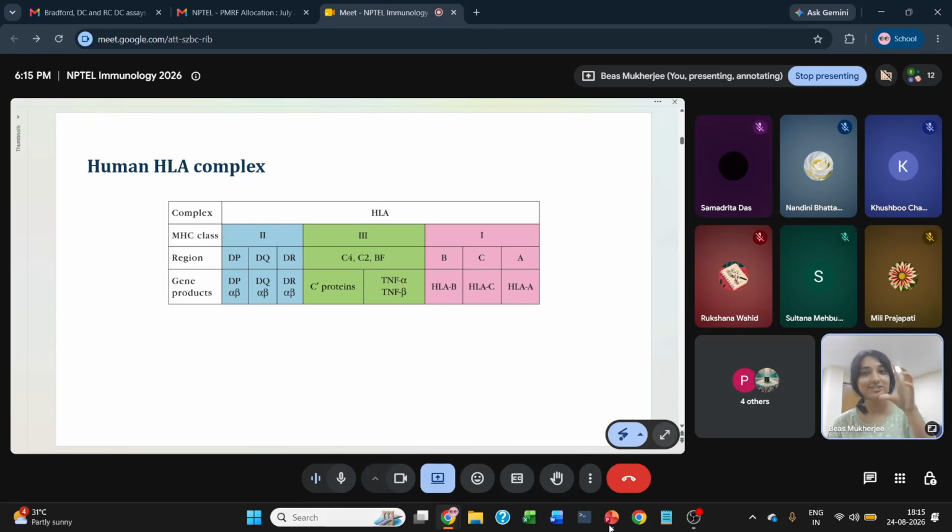That is because HLA class 3 does not code for any MHC protein molecule. This codes for completely different protein molecules that are involved in immune responses, but they are not MHC molecules. This codes for three proteins, C4, C2 and BF, which are involved in complement activation.